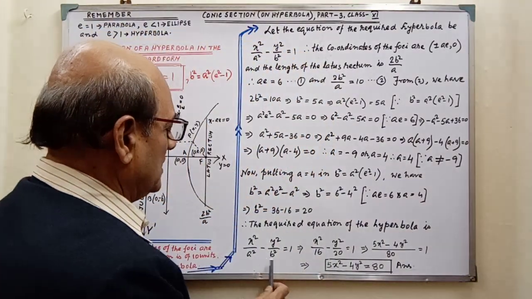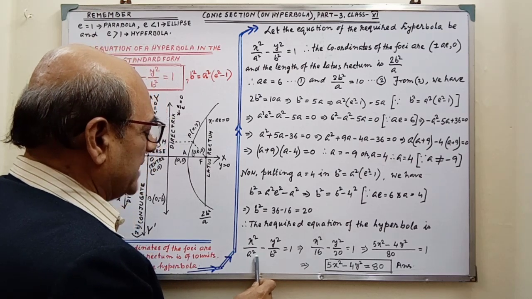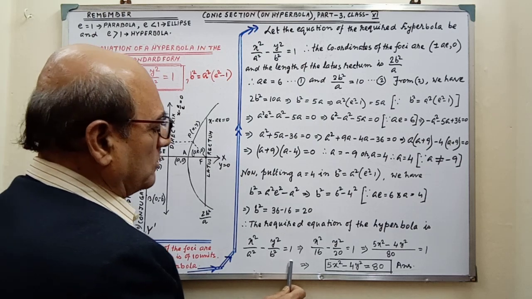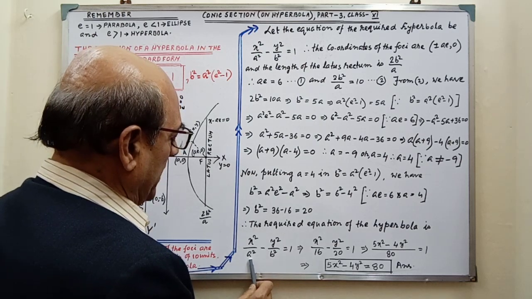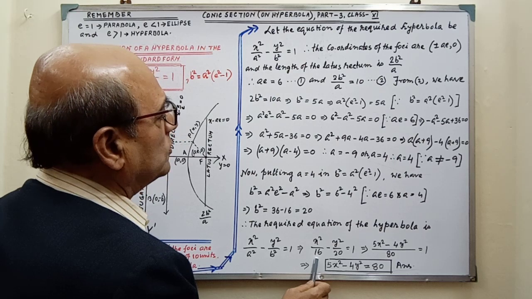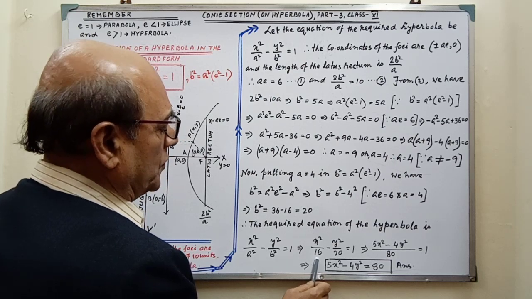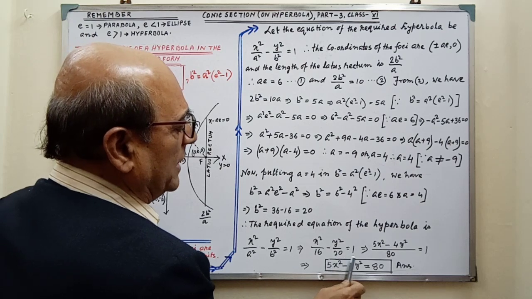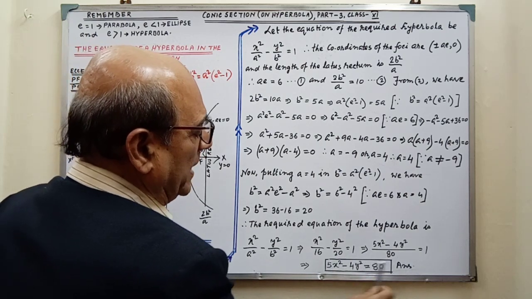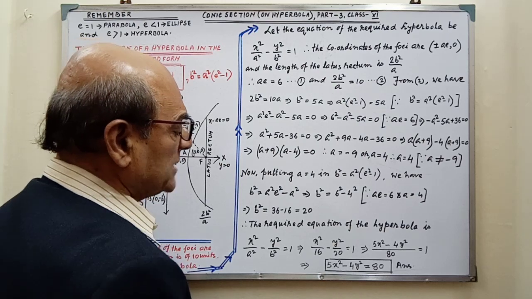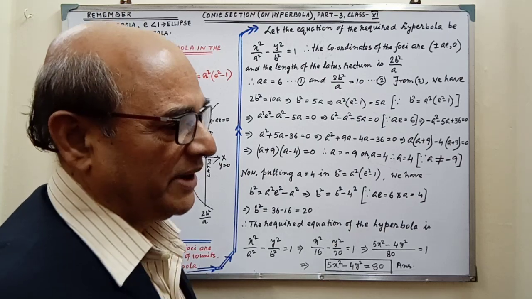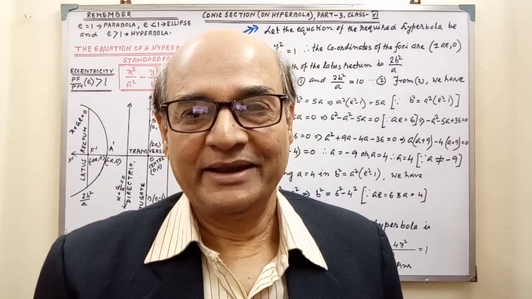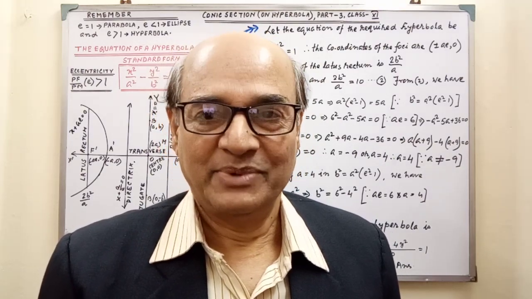In the standard equation, x square by a square minus y square by b square equal to 1, in place of a square we put 16 and b square is 20. By putting the values and simplifying, we get 5x square minus 4y square equal to 80. This is the answer, and this is the required equation of the hyperbola.